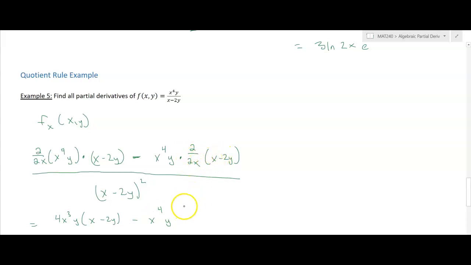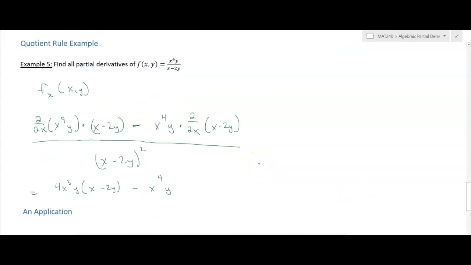The derivative of x is 1, so this will just be 1. The derivative of negative 2y with respect to x will be 0, because that's a constant. So we can just really remove that in its entirety, since its derivative will be 1, all divided by the bottom squared, x minus 2y quantity squared.